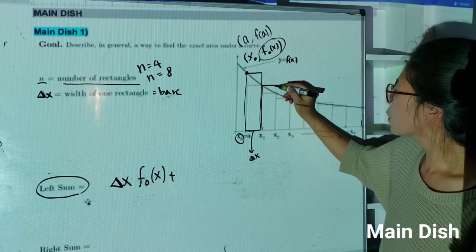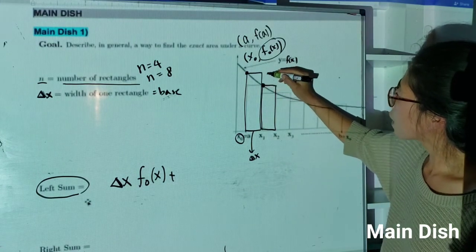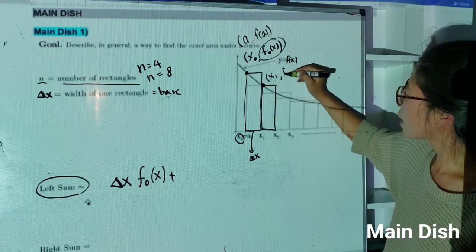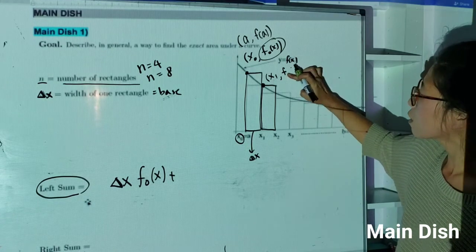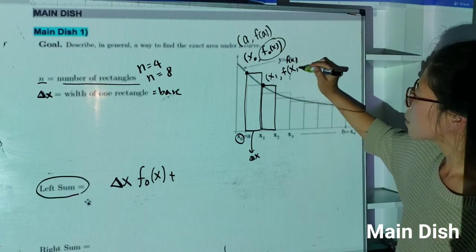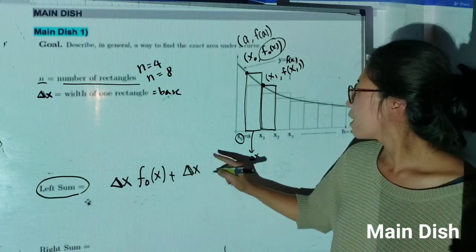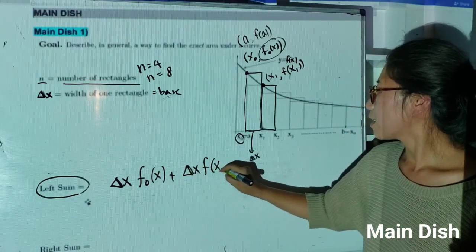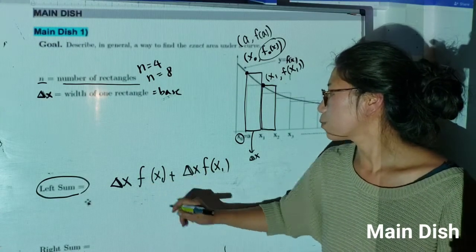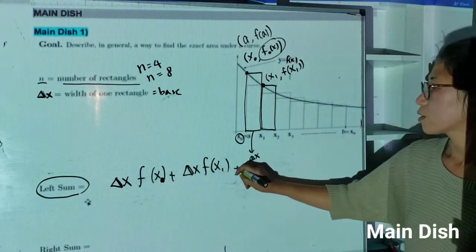If you can do it together with me, that's the coordinate I have to find: x1 comma f of x1, or you can write it as f of x1. That's probably what we write. Delta x as a base, and the height is going to be f of x1, because that's your input. And continue.